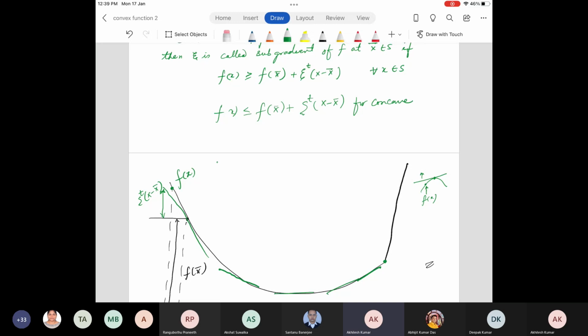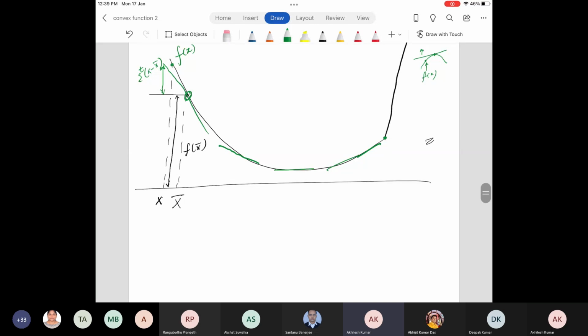Okay, when a function is differentiable, its gradient simply becomes the subgradient. So the directional derivative which we have talked about, the gradient simply becomes the subgradient at that point. But at this point, is this function differentiable? No. The function is not differentiable, right? Now the question is whether a subgradient can exist or not.